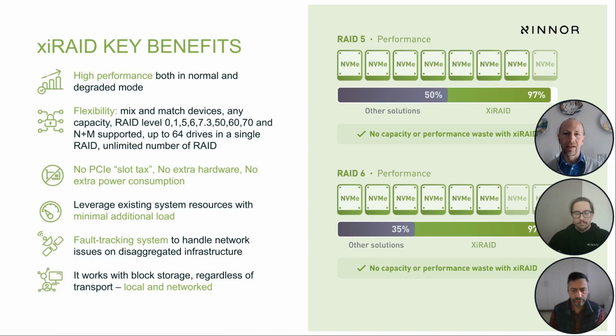And performance is critical in normal operation, but even more in degraded mode when one or more drives are taken out of the RAID. In this case, our performance stays within 70 to 80% of the normal operation performance, which stands us apart from any competitor in the market.